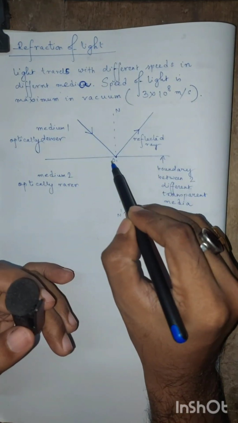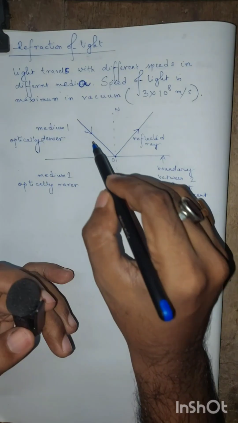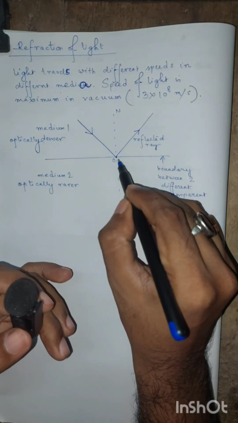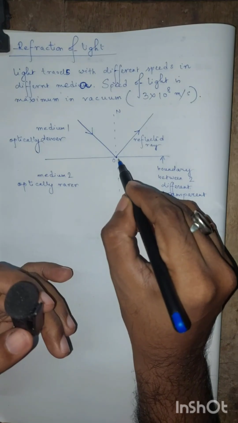A part of this ray is reflected and the other part is refracted, but it changes its direction. Okay?